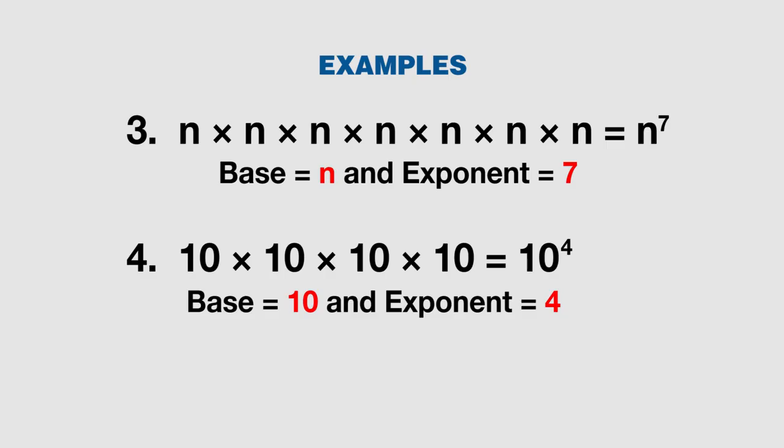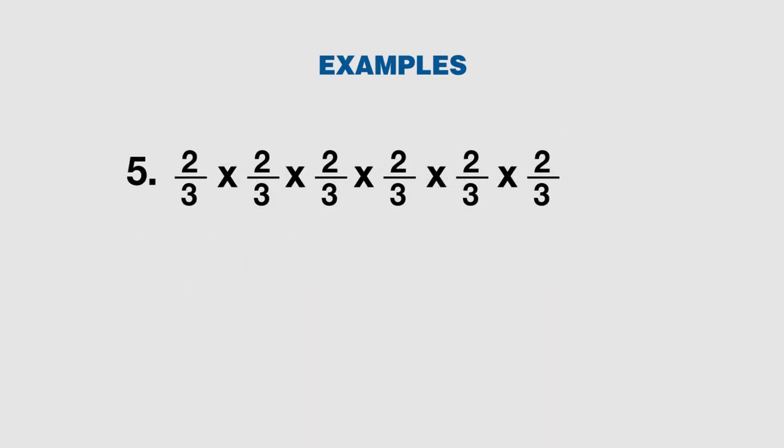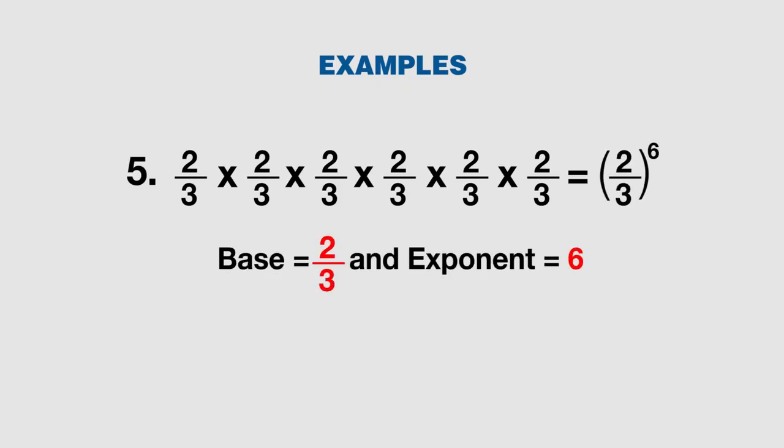And so our base is 10 and our exponent or power is 4. Once again, we have 2 over 3 multiplied by itself 6 times. In index form, that would give us 2 over 3 raised to the power 6. The base is 2 over 3 and the exponent is 6.